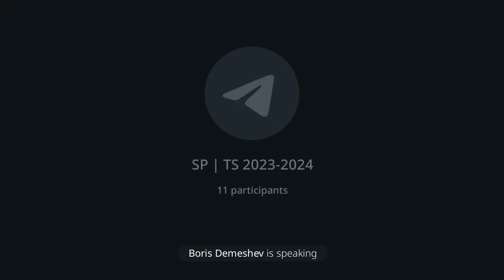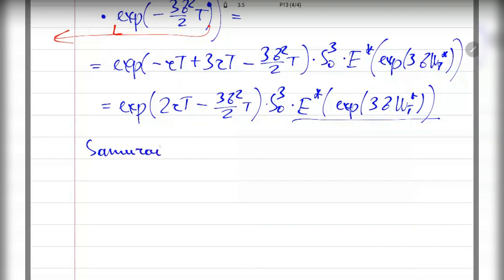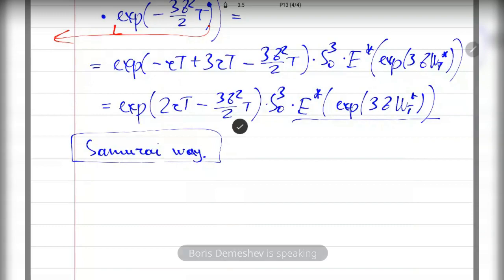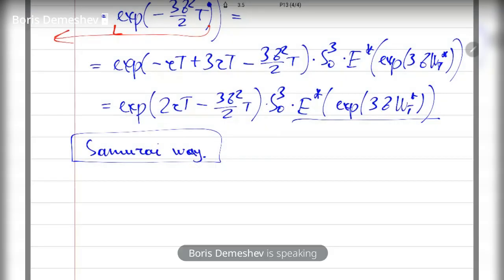There is, let's say, the samurai way. We need to calculate the expected value of something.